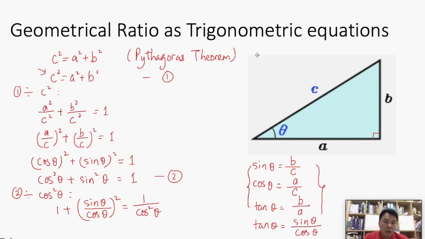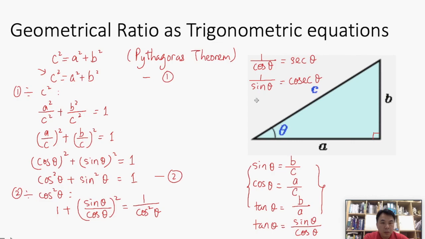So the first one is, by definition, the reciprocal of cosine. Now the reciprocal of cosine is known as secant theta, right? Okay. Now the next reciprocal ratio for sine is known as cosecant here.